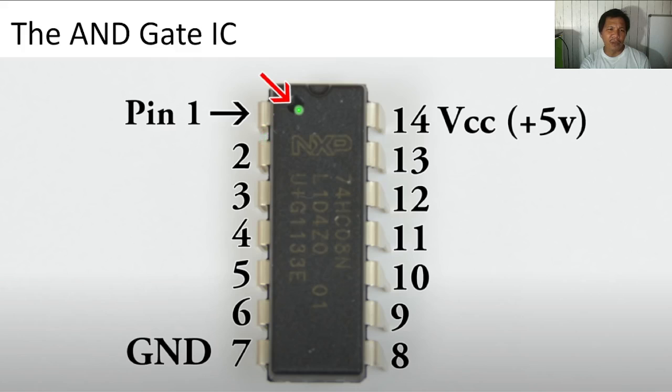So the hole actually marks pin number 1. The pins go 1, 2, 3 in a counterclockwise direction, 1, 2, 3, 4, 5, 6, 7, 8, until you reach pin number 14.